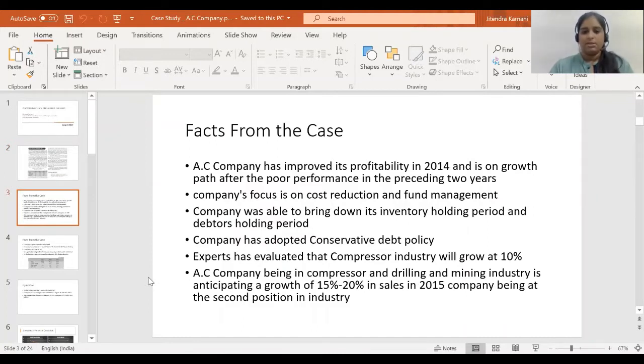Facts from the case: the company has increased its profitability. Company's profits are increasing from 2012 to 2014.